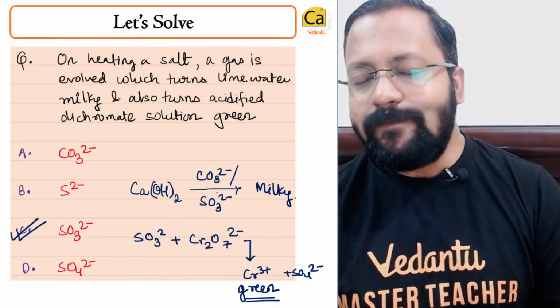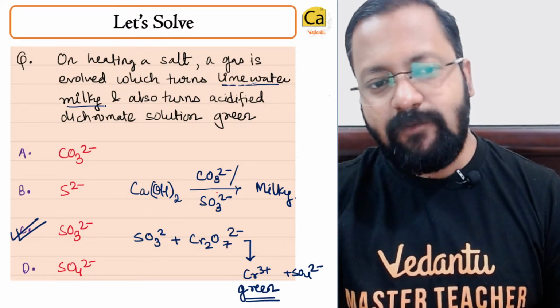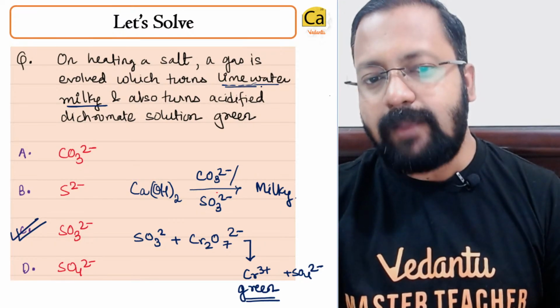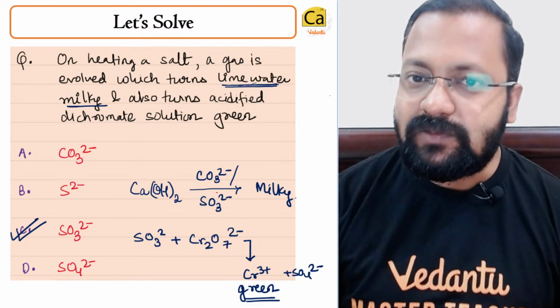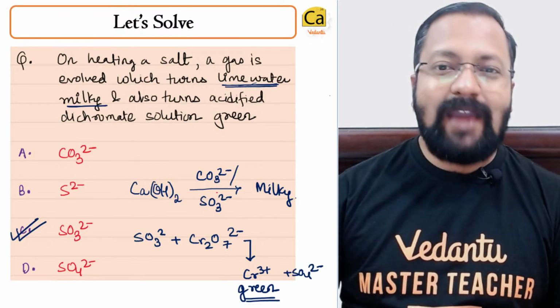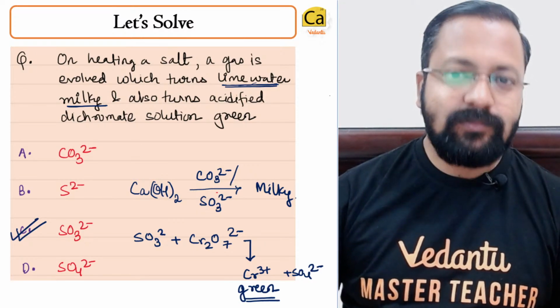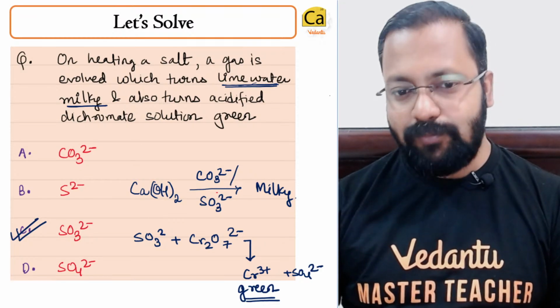Okay, so lime water test. Please do remember, lime water milky, it's not only carbonate. It is sulfite as well. And sulfite will turn dichromate solution green. So it is very important.